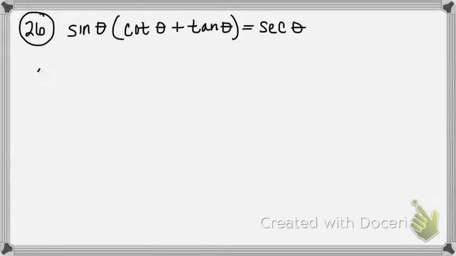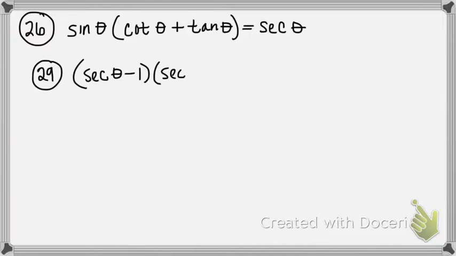All right, but I do want to look at 29, and then this will be our last question for today. Question 29 says take the secant of theta minus 1 times secant of theta plus 1 equals tangent squared. So that's a pretty basic one also. So I'm going to go ahead and help you out.